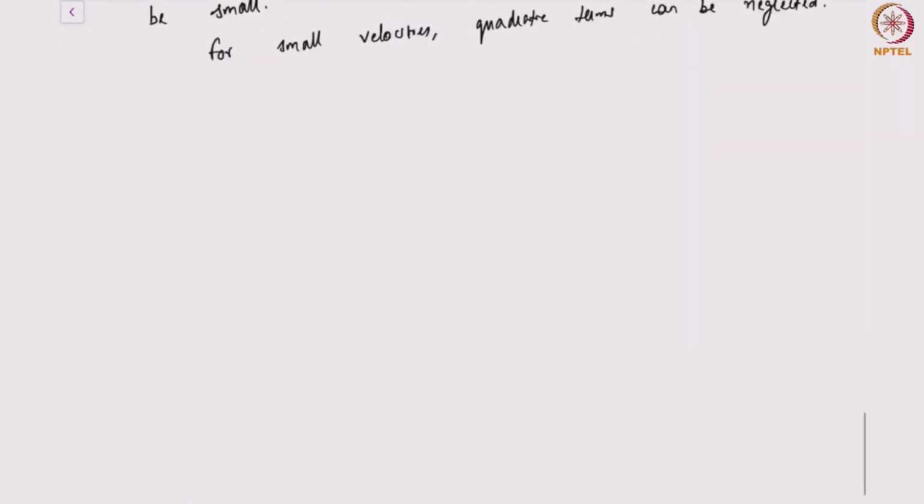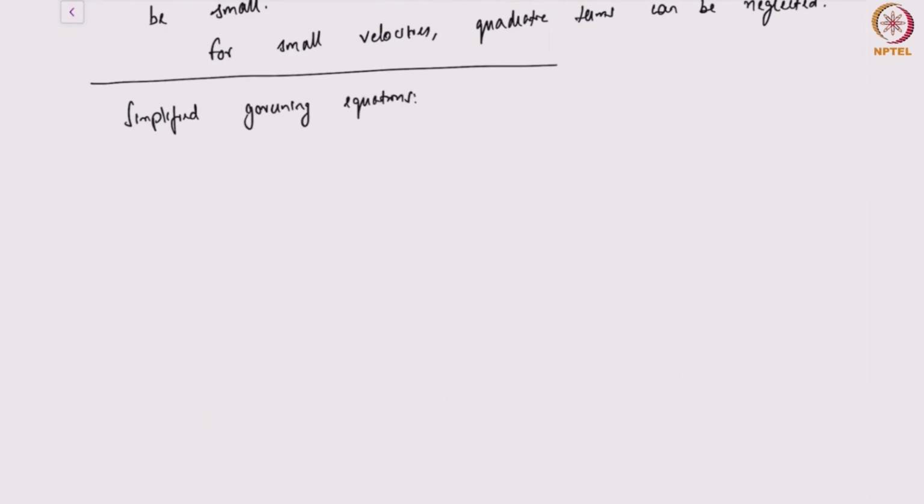Okay, so what do we have now? Now we get simplified governing equations. What are the simplified governing equations? The continuity equation remains as it is from the previous step.